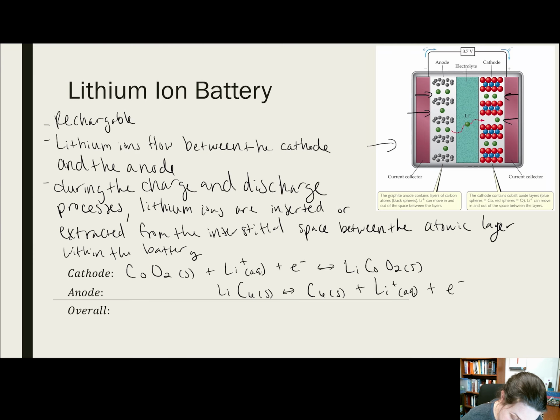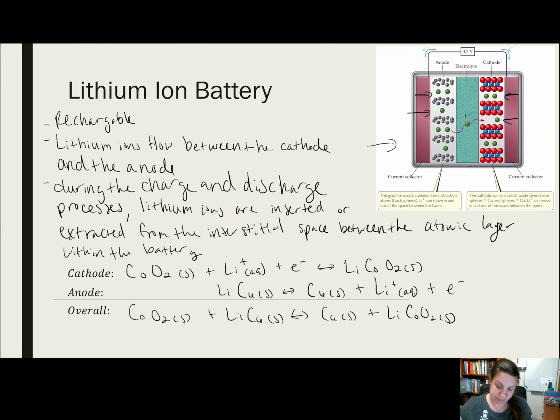Our overall reaction is written as follows, like so. As we can see here, our overall cell potential is 3.7 volts, so a fairly large voltage.